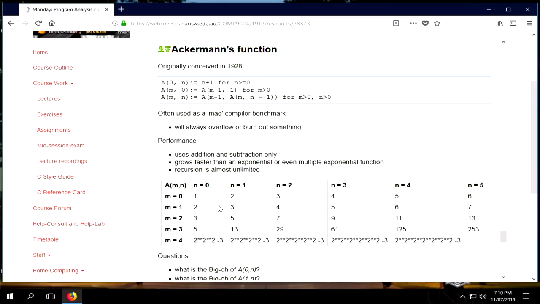Okay, so then we have, of course, n equals 4. And I've used a star star as the exponent. So we see for n equals 0, we see 2 to the 2 to the 2. For n equals 1, we see 2 to the 2 to the 2 to the 2.